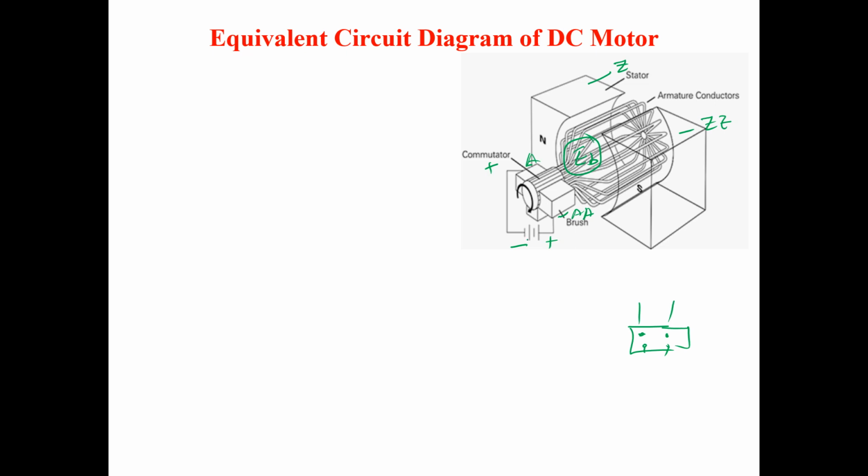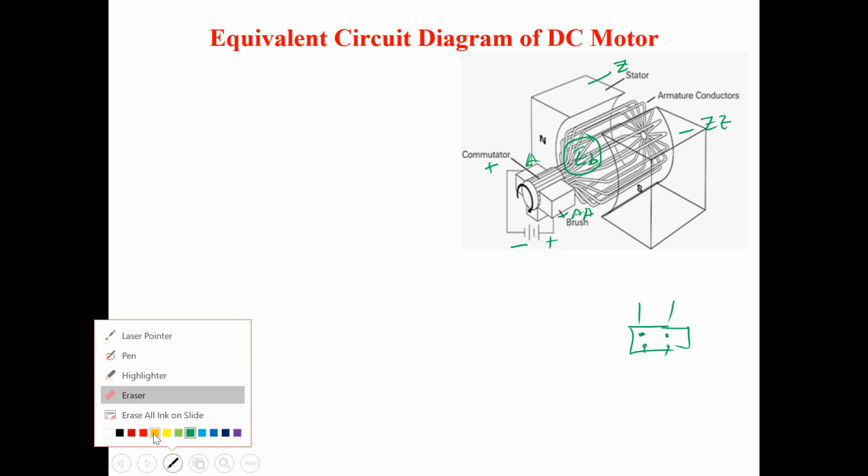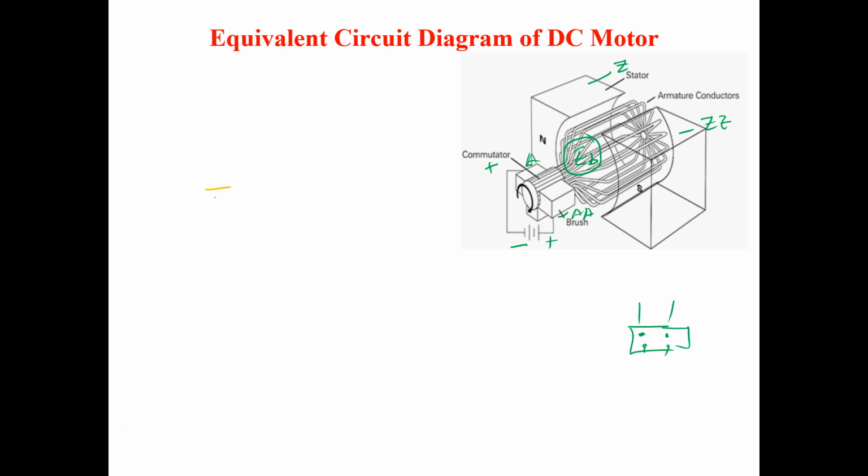We start from this side. We have one source, and it is a DC source. We can mark it by plus and minus, which means it is a voltage source. For example, take the input voltage as V input. After that we have a commutator which converts DC into AC.